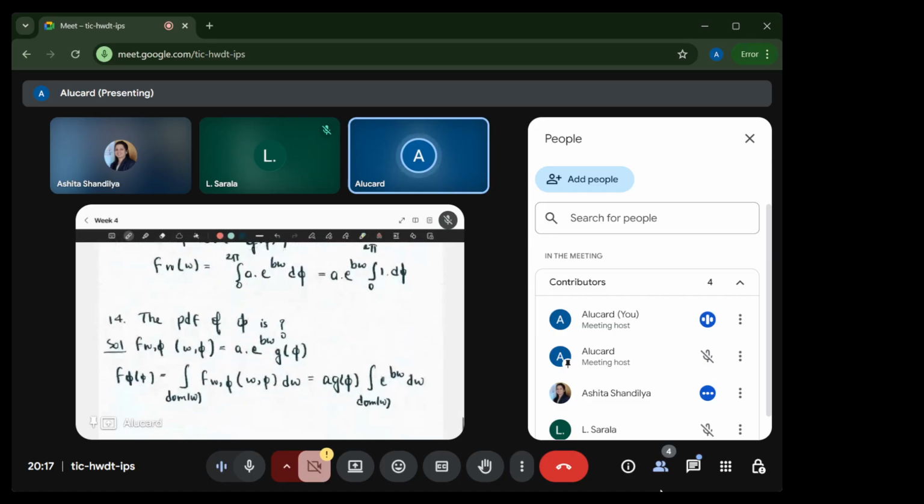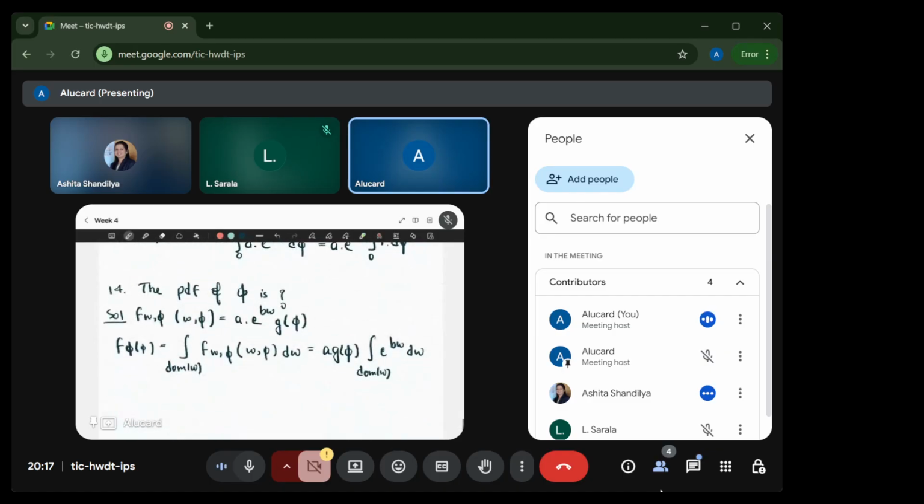But we know that we are trying to model the gain of the time varying channel. This is trying to model the distribution of the gain considering all the multipaths, right?